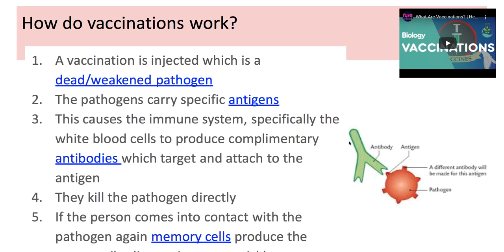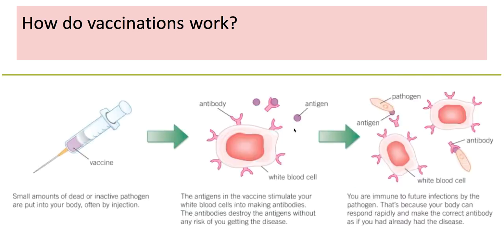Having developed these antibodies, when you come into contact with the pathogen again, your memory cells produce the same antibodies again, but more quickly than before, and so you don't get ill. And worth watching that video. And there's a diagrammatic representation then of the process.